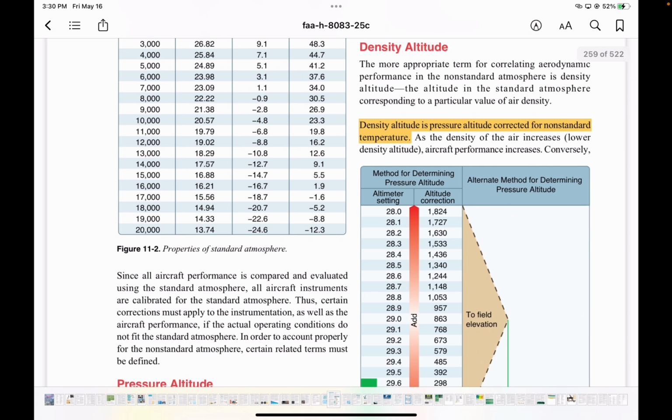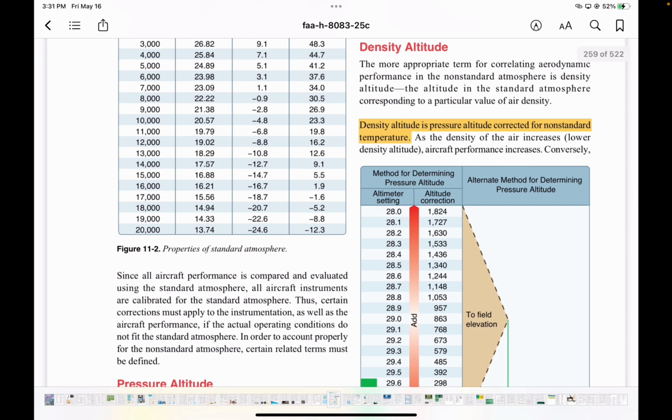If you're sitting in the airplane on the ground and your field elevation is 1,000 feet, you would think the airplane would perform as if you were 1,000 feet off the ground. What does that mean? You would calculate the takeoffs and landings based on that number. But that is only in a perfect world, because temperature affects your density and that affects your density altitude.